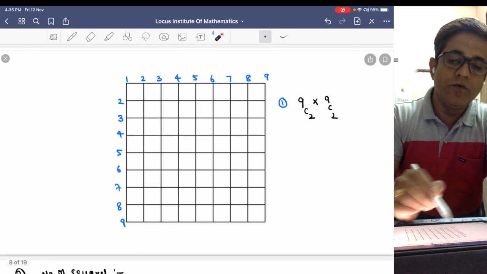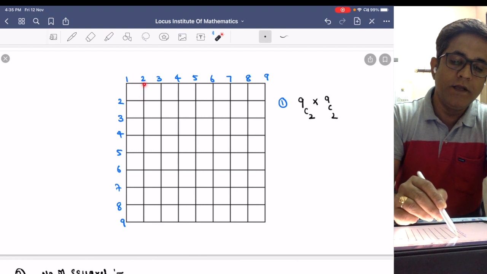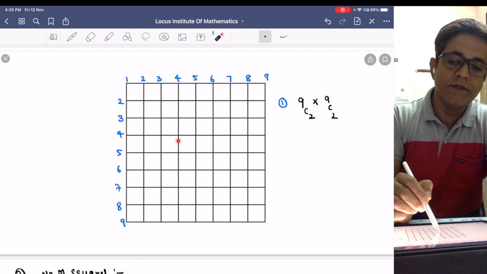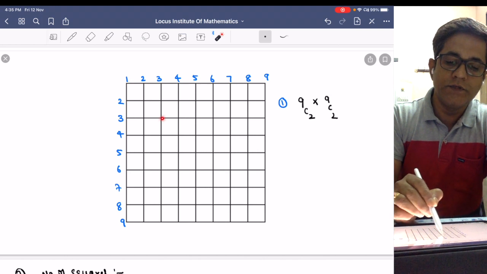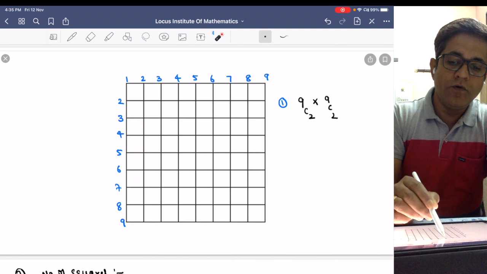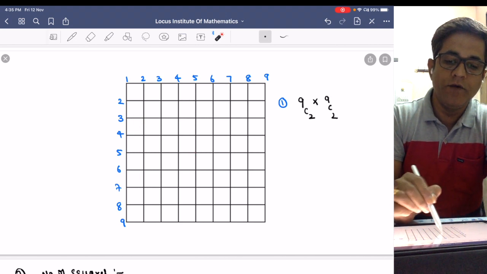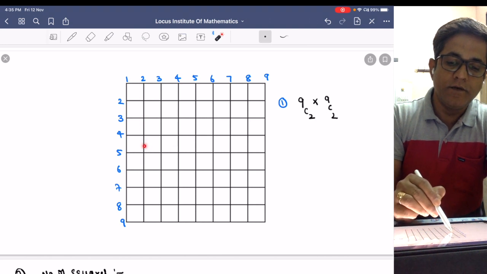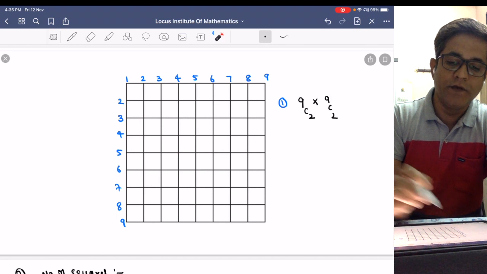For example, vertically if you take 2 comma 4 lines, and horizontally suppose 3 comma 5 lines, then 2 comma 4 and 3 comma 5 gives this square, a 2 unit square.